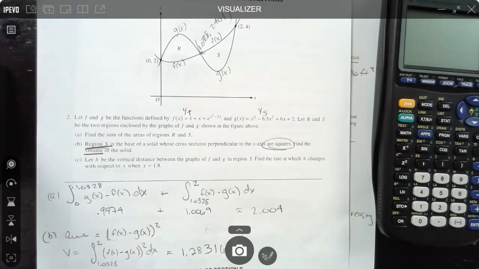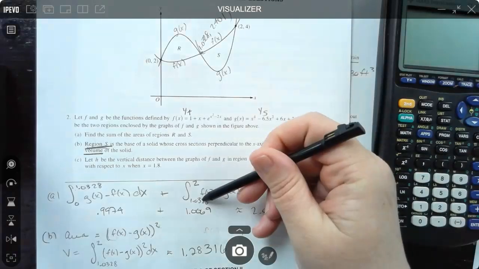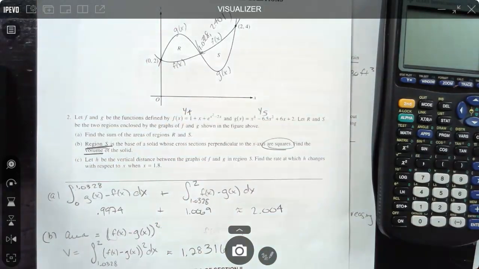This one was actually worth 4 points. 1 point for the limits. The limits meaning these values on your integrals, because you calculated the intersection and knew that's where you needed to divide it. 2 points for the 2 different integrands, but you had to get them both.